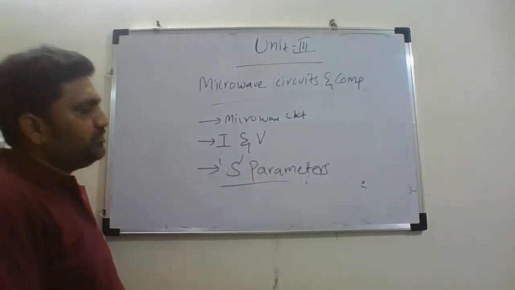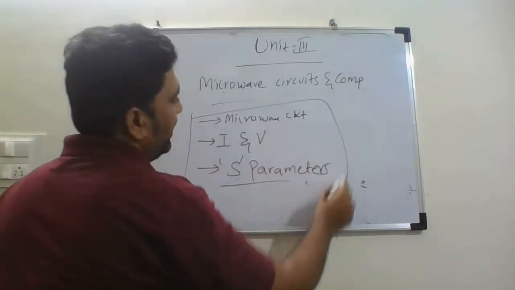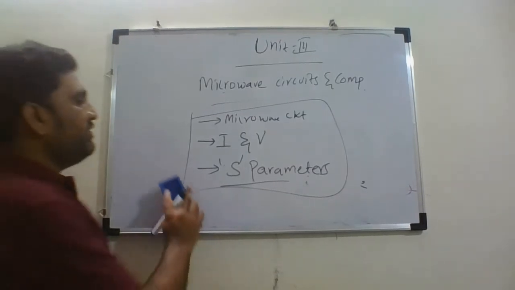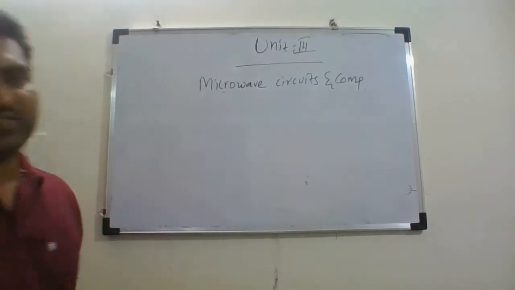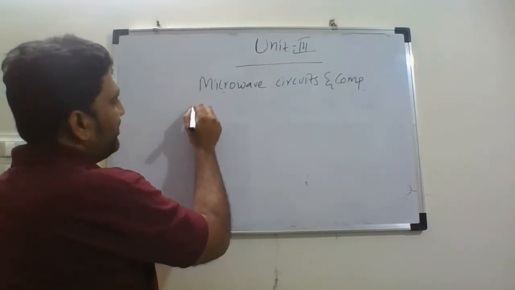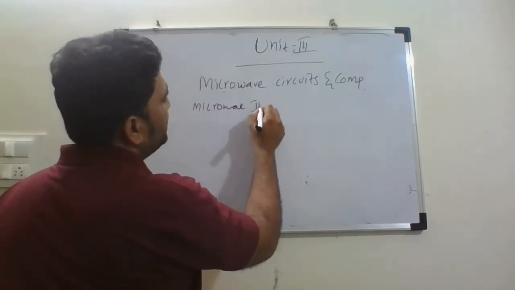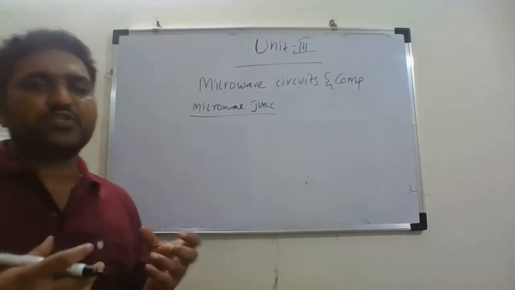We will establish all the mathematical things that are required, and after this we will study the characteristics of the different microwave components. For example, microwave junctions, which are devices useful for making connections or junctions.